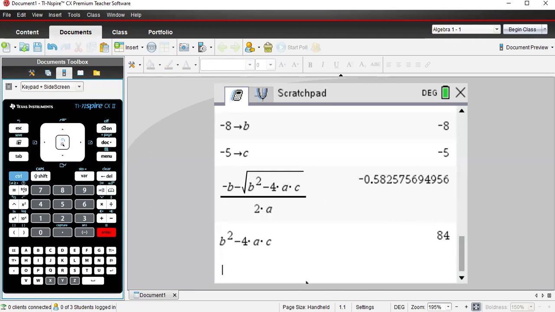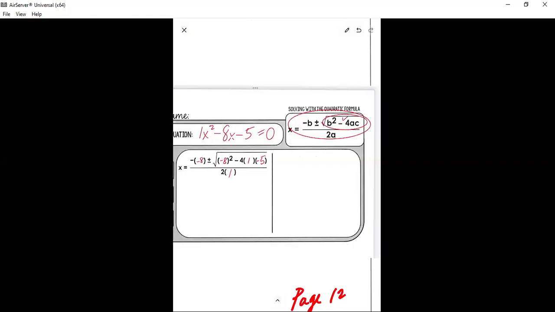Let me show you how I would do this. I'm just going to write my answer: x equals, and I'm going to leave all of this. So it's going to be a negative 8 plus or minus the square root of, and when you calculate the part inside, it's going to be 84, so I'm just going to leave that as 84. And down here, it's going to be 2. So that's our answer. Now, you might want to clean it up.